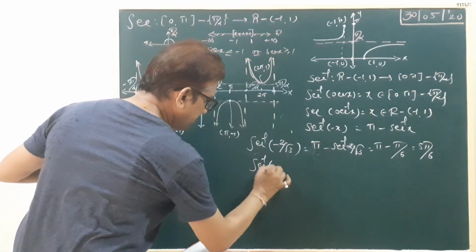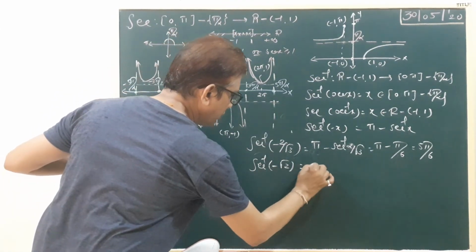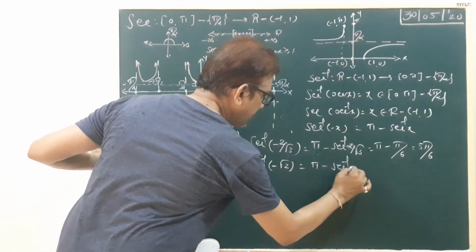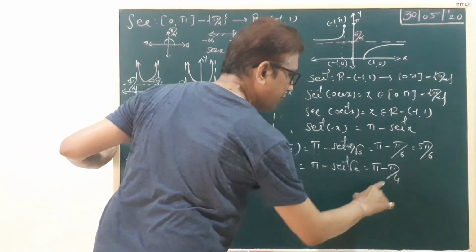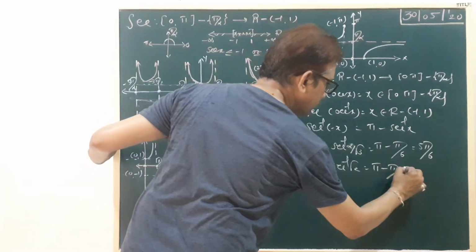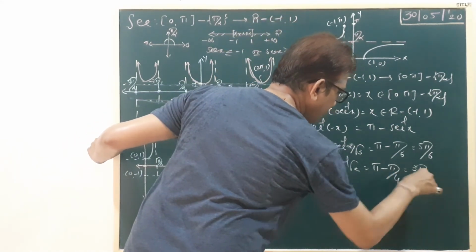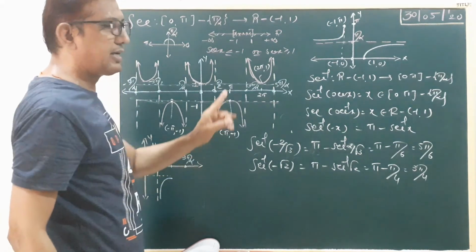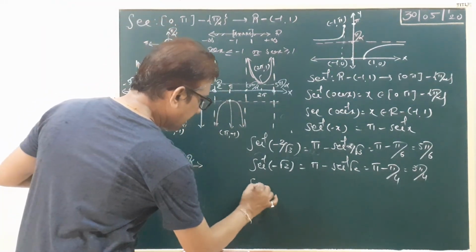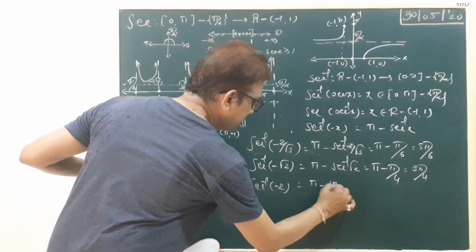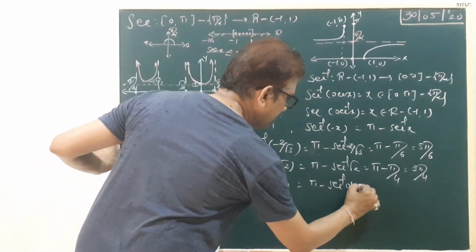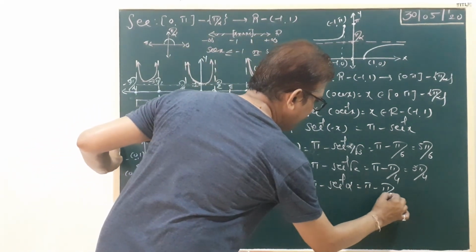Clear? So sec inverse minus root 2: pi minus sec inverse root 2, that means pi minus pi by 4. Cross multiplication, 4 minus 1, answer is 3 pi by 4, which belongs to 0 to pi minus pi by 2. Okay. Then sec inverse minus 2: pi minus sec inverse 2, that means pi minus pi by 3.